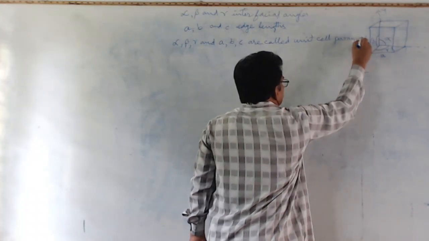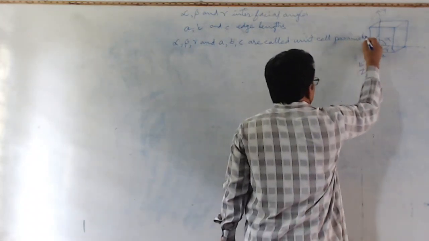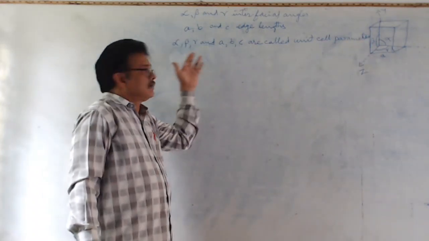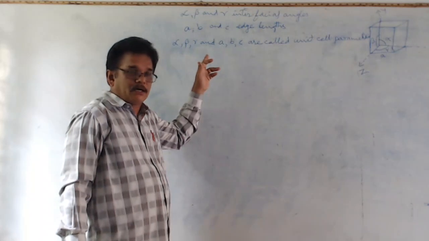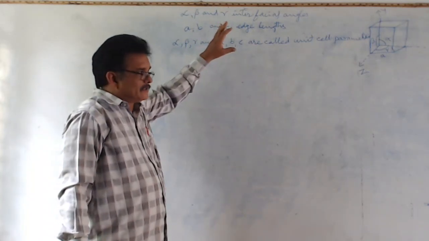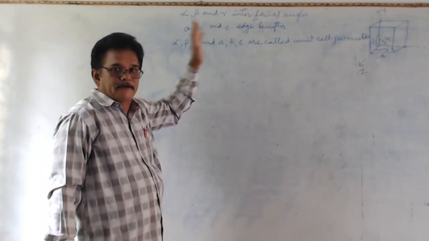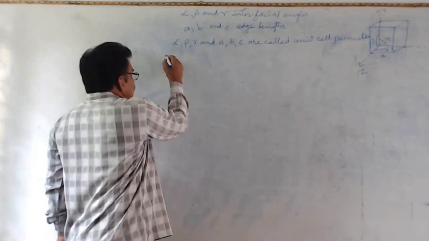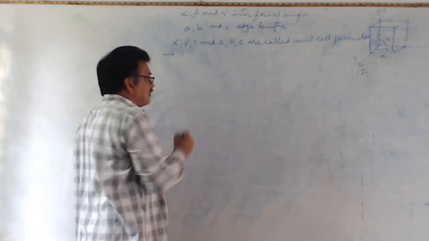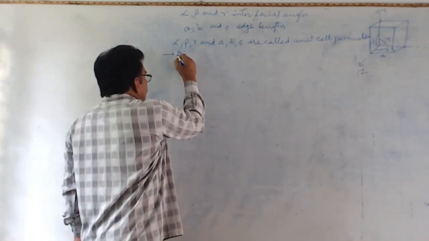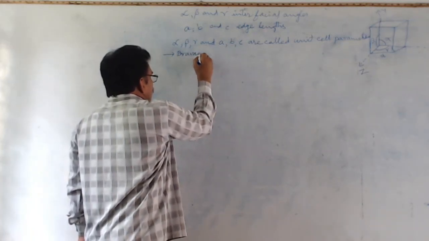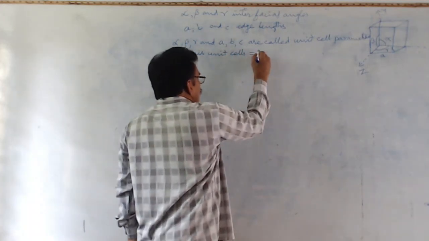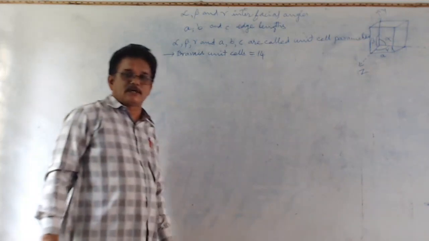Based on the relation between A, B, C and alpha, beta, gamma, we classify the systems into 7 types. So, how many unit cells are given by Bravais? The number of Bravais unit cells is 14.